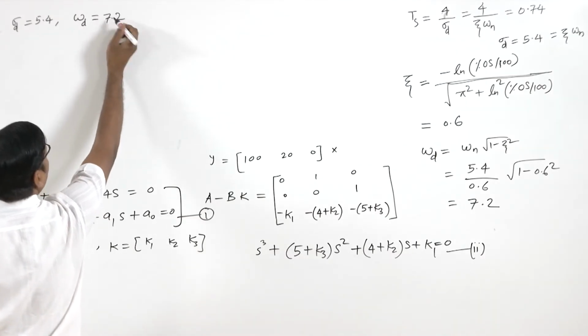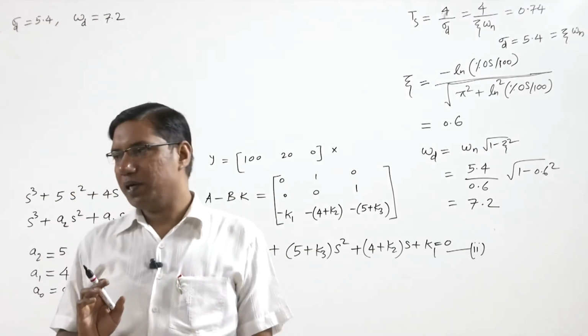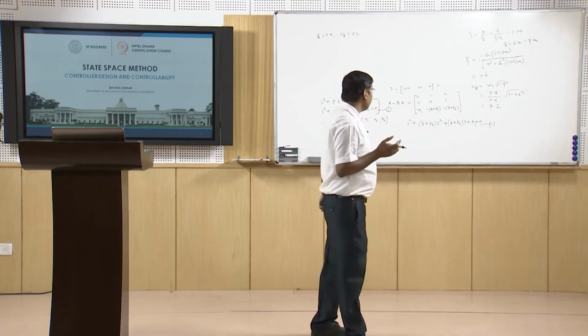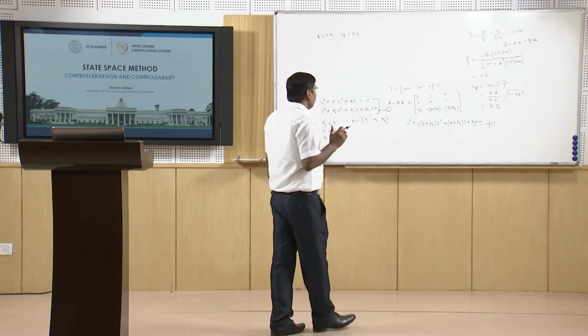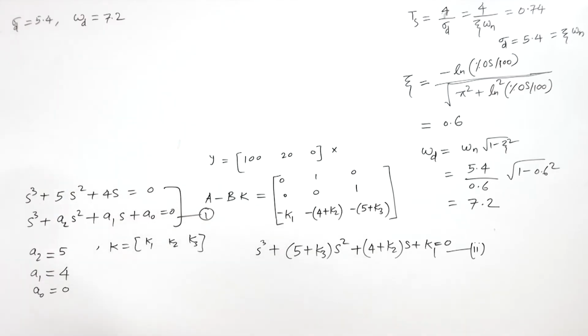It means to obtain 9.5% overshoot, equivalent to damping equal to 0.6, and settling time equal to 0.74, we need to put the poles at this real part and this imaginary part.